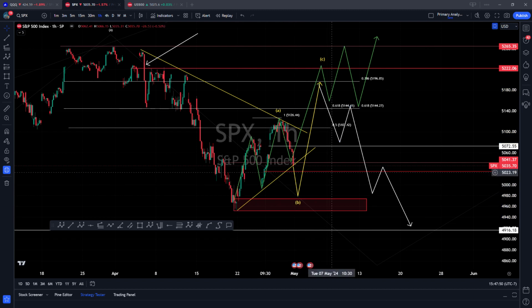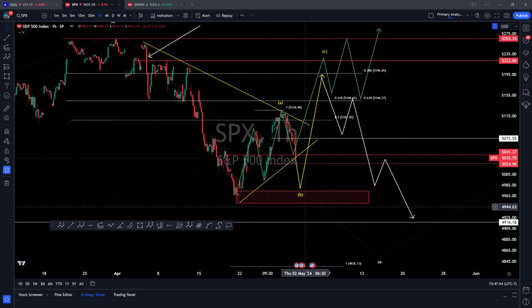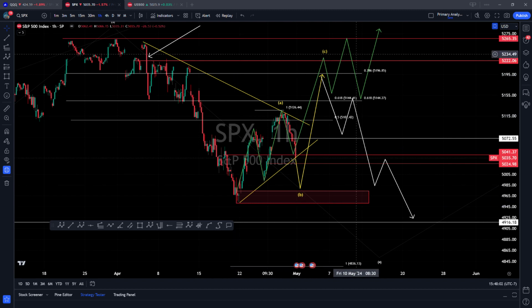What I would say is you need to be really careful when you're shorting with your stop losses, because of the two bullish cases here. Don't short near the demand levels.